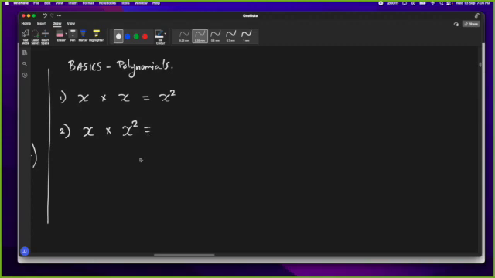X cubed. Okay? So you can see that we have the basic laws of indices here, where we basically add your indices. So that's the first law of indices that we're going to take a look at, where you're adding your indices. So 1 plus 2, x is equal to 3. So when you're multiplying, you add your indices, right?